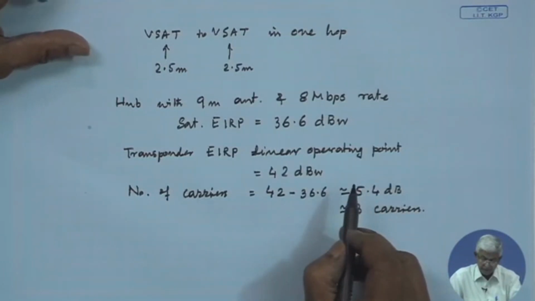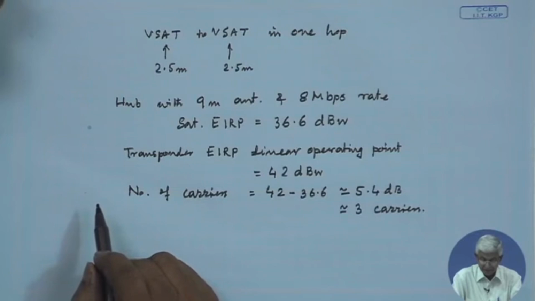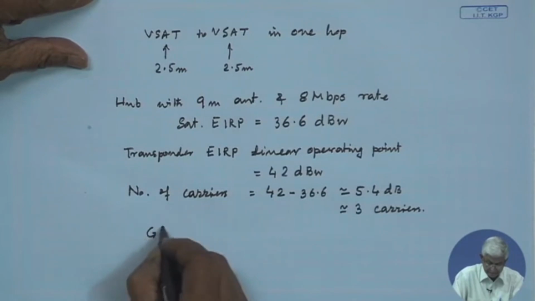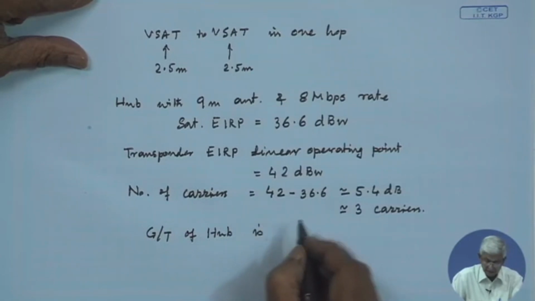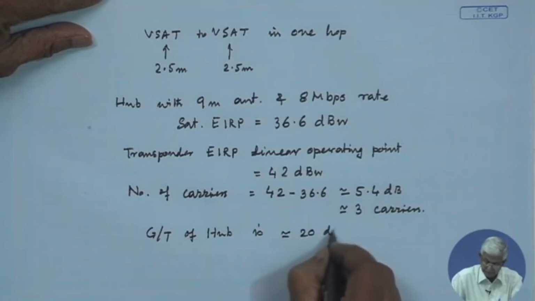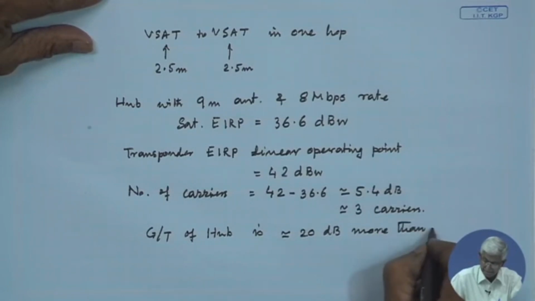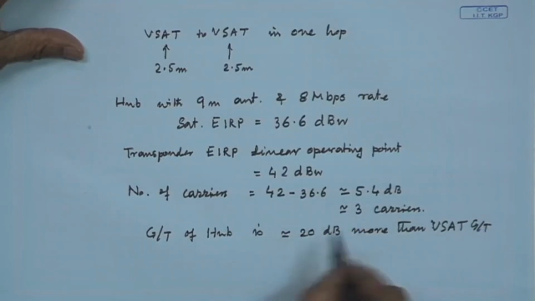But then if a VSAT is communicating to a hub, the hub antenna is 9 meter. So, its G by T of hub is quite large. It will be of the order of 20 dB more in this particular case than VSAT G by T, what we earlier calculated as almost near 20 dB per K or 19 point some dB per K, roughly this is approximately 20 dB.